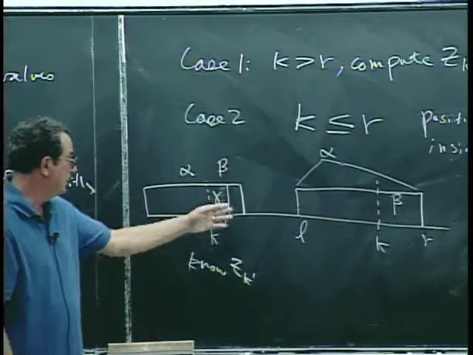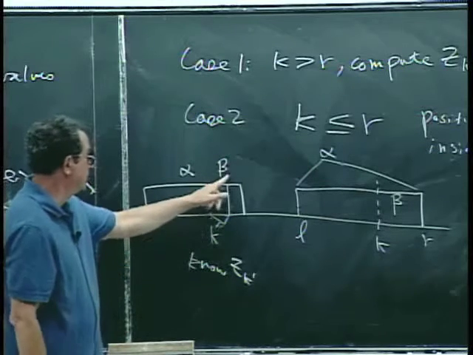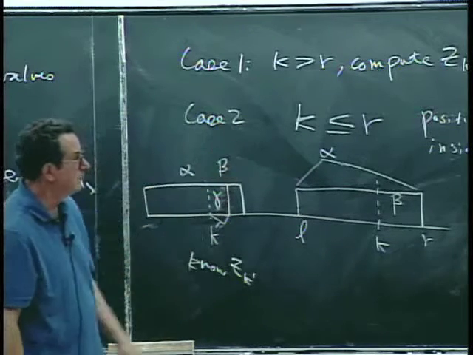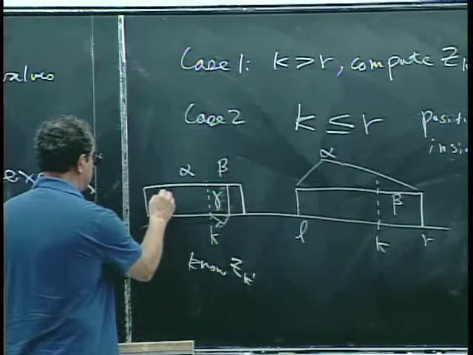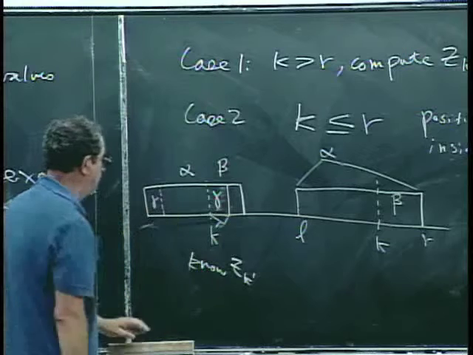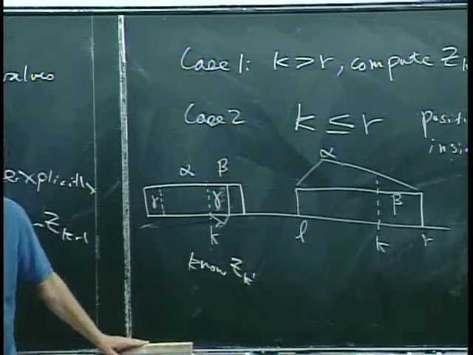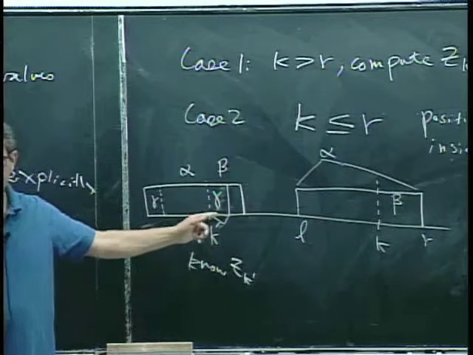Okay? The length of gamma is definitely less than the length of beta because Z K prime is less than beta. So that means that there's a gamma right here at the beginning. Everybody with me on that?